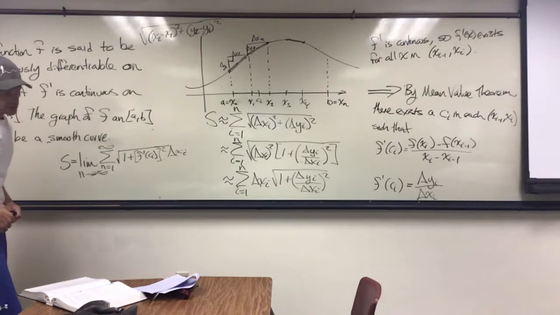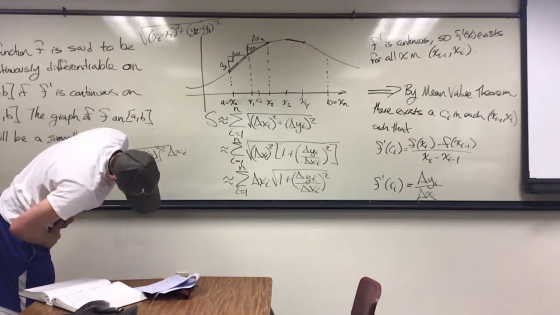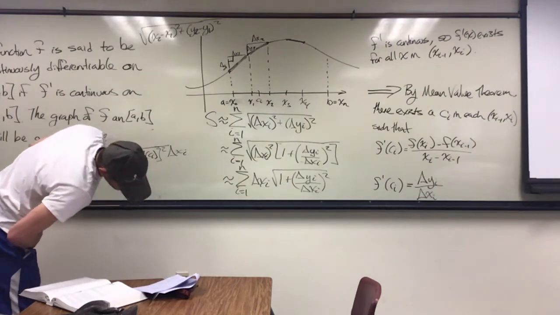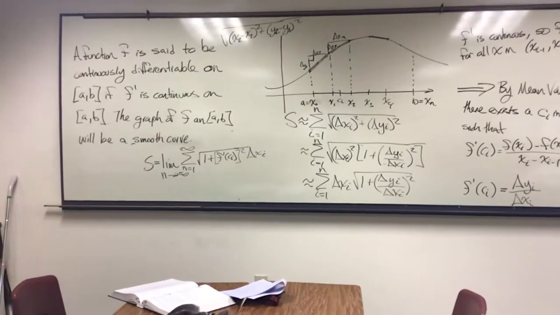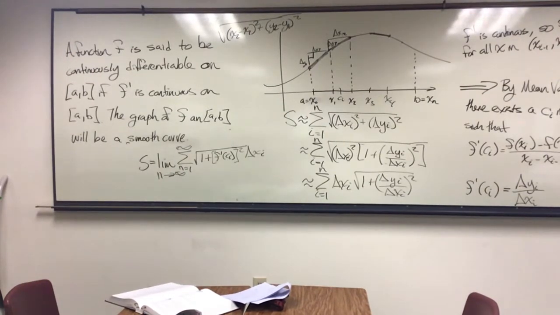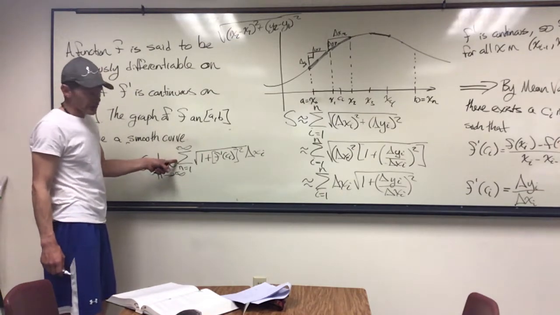But this, of course, will look just like something you've seen before, right? This is what we've been doing all along for the summation. This is what we first did when we first found area and when we found volume. This is called a Riemann sum, by the way. You're going to hear that word in Calc 2, Riemann sum.